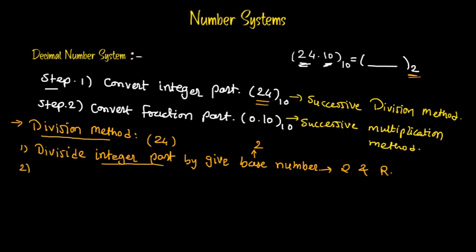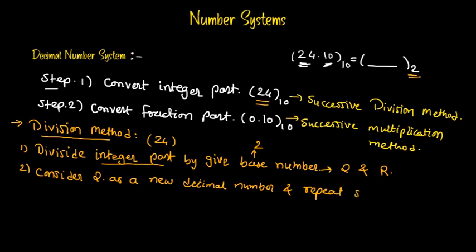Second step, consider the quotient as a new decimal number and repeat step 1 until the quotient becomes 0 or 1.